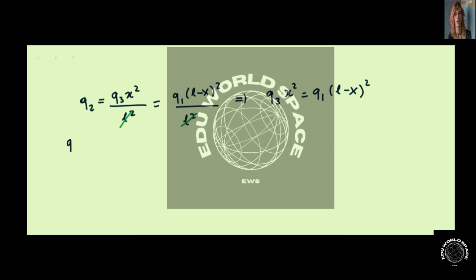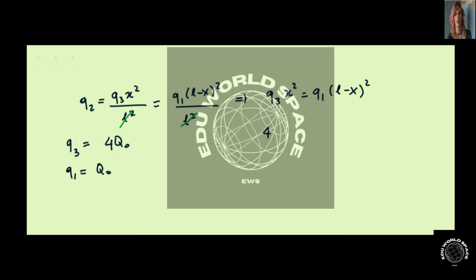So what was Q3? These are all magnitudes, right? Q3 was, well, it was -4 Q naught, but remember we were talking about the magnitudes there, so it's not -4 Q naught, it's 4 Q naught because that's the magnitude. And then for Q1, we have Q naught, right?